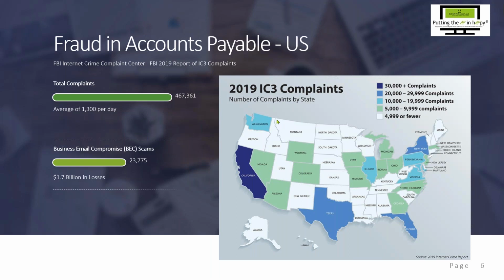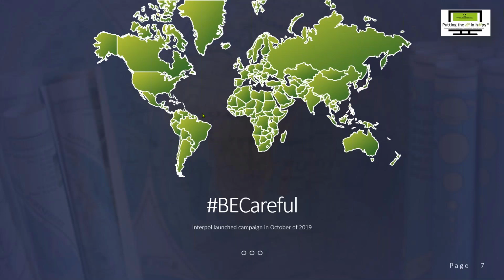The reason I wanted to keep this related to the US is that you're finding the same thing globally. So this is a global issue. The International Criminal Police Organization, or Interpol, is an intergovernmental organization with 194 member countries, and in October 2019 they launched a public awareness campaign for business email compromise with the hashtag BEC Careful.